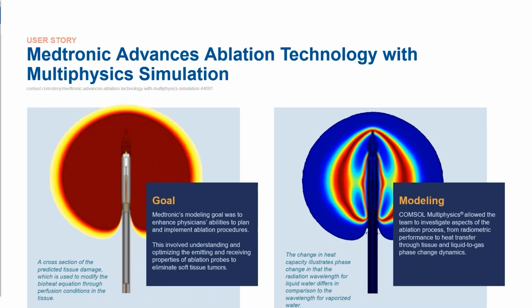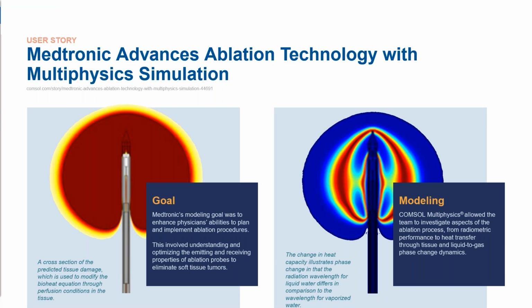We have a user story on this available at COMSOL.com, from Medtronic: Medtronic advances ablation technology with multiphysics simulation. Now, ablation is the removal of tissue, and you can use bioheating to do that. That's what's happening here.